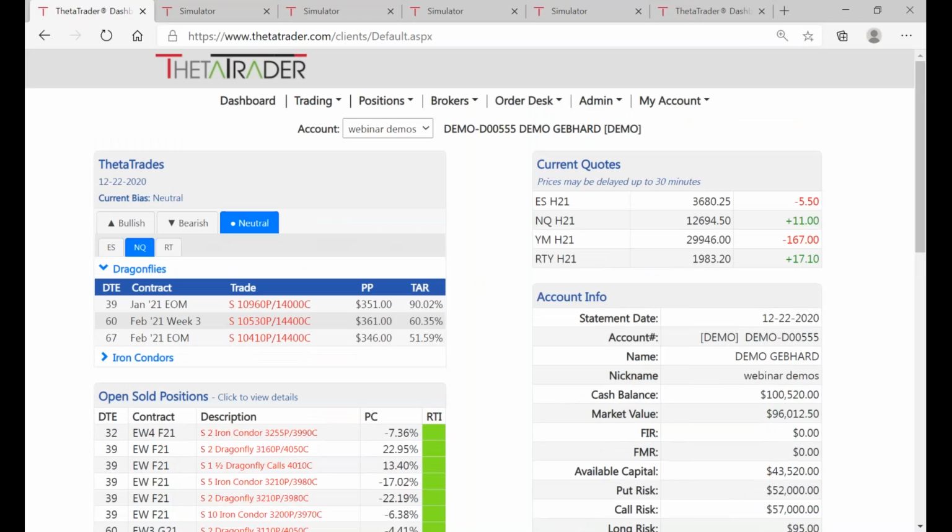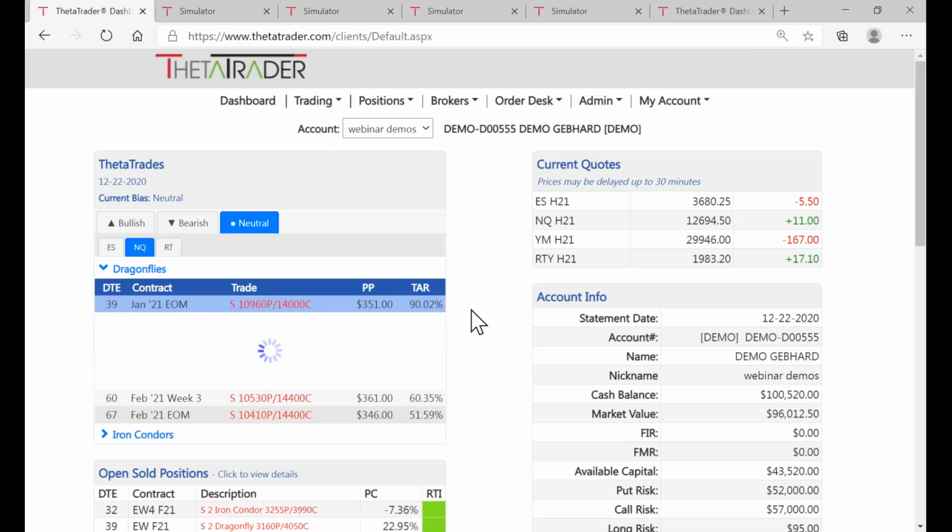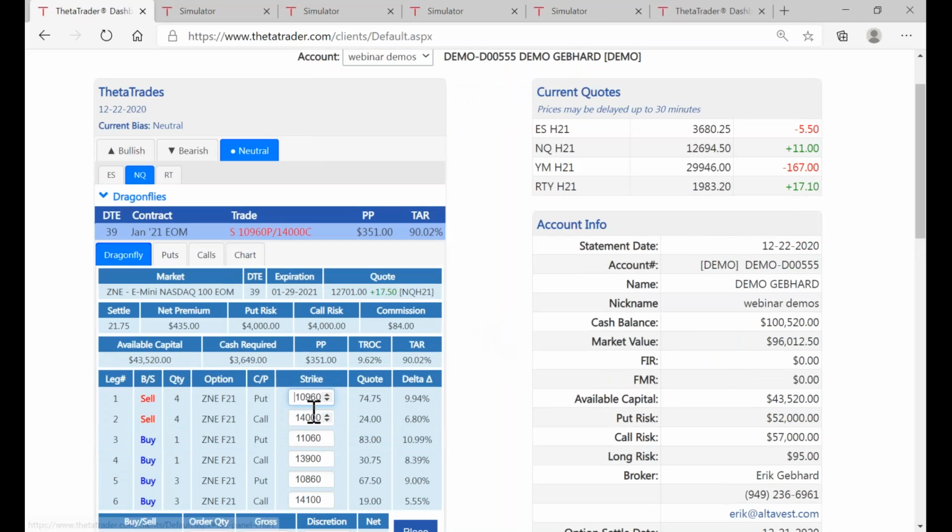There's lots of questions coming in, and I'm going to get to all of those in just a second. Yes, there is a recording, and yes, you could modify the positions. You could add extra puts and calls and whatnot. Absolutely. But I don't think you really should. I think that kind of defeats the purpose. For example, here's looking at a dragonfly.